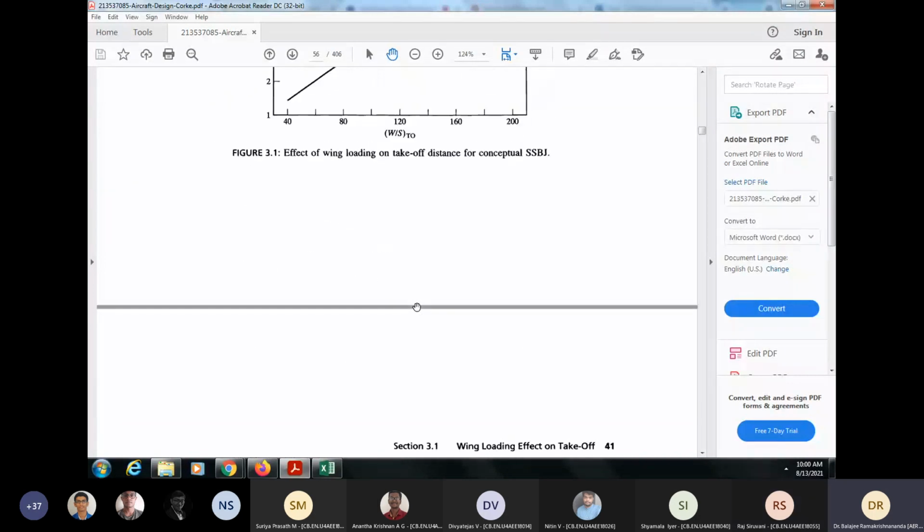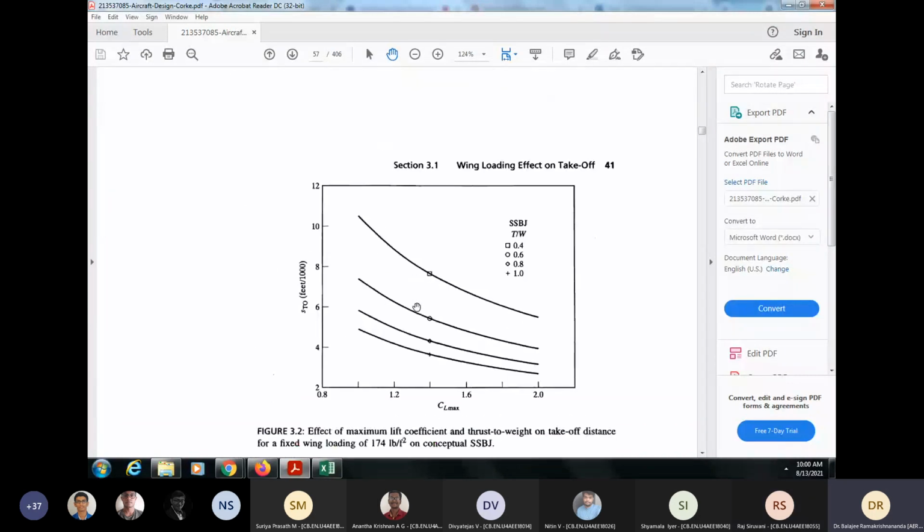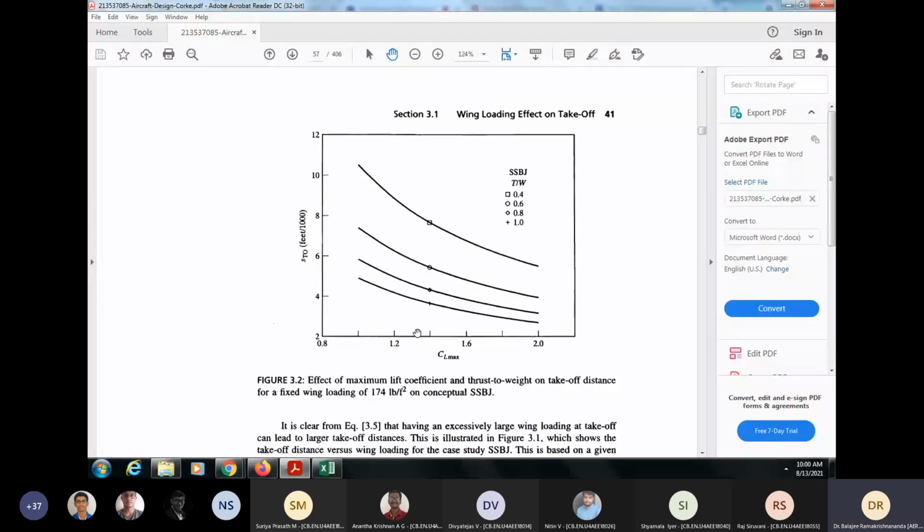Okay, figure 3.2. You remember this figure? This shows CL max, and the x-axis is takeoff, on the y-axis.